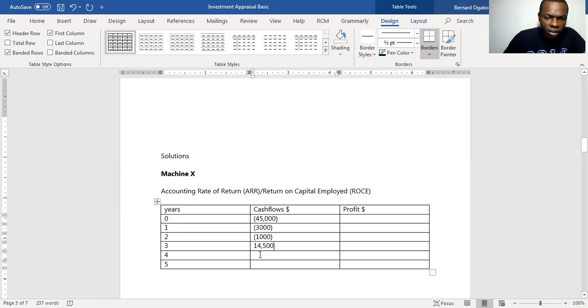The fourth year is 38,000, and the fifth year is 45,000.